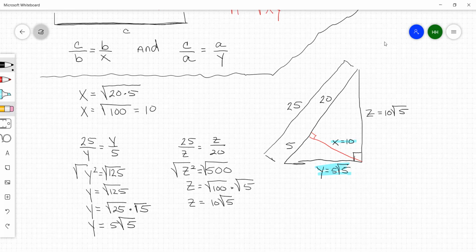Yeah, what they'll do is they'll say solve for y or solve for the variables, list your answer in simplest radical form. If it says simplest radical form, then your answer is going to have a radical in it if it's not a perfect square. Or they will say list your answer as a decimal rounded to the nearest tenth.